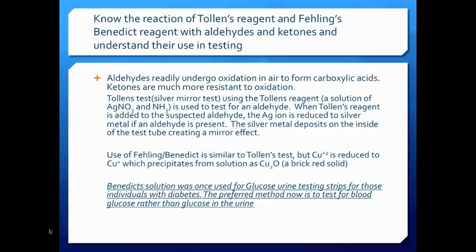Benedict's solution was once used for glucose urine testing strips for those people who have diabetes. The preferred method now is not to test the urine, but to test blood glucose, and a different solution rather than Benedict's solution is used.